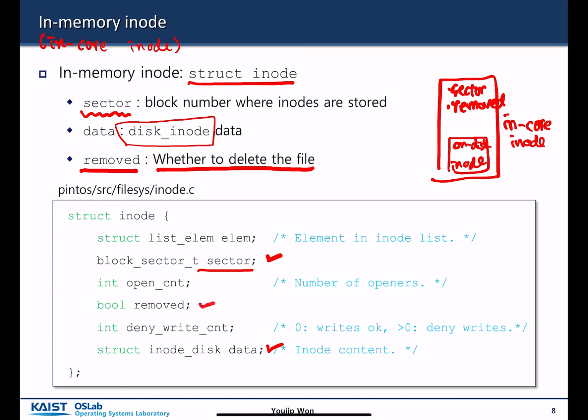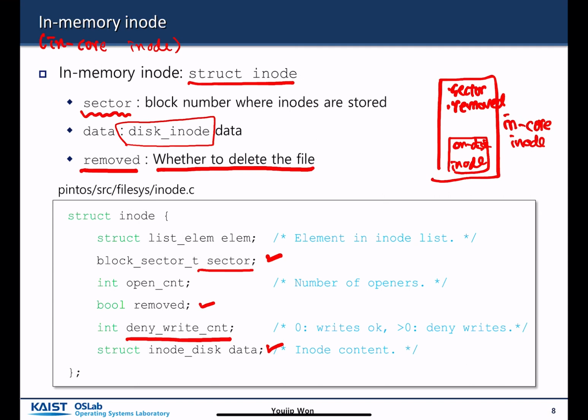And as we covered before, some files are not writable. For example, the executable file or the files that are being loaded to disk shouldn't be modified while the operating system is using them. So the Pintos operating system defines a field in the in-memory inode to denote whether the file can be written or not. It has deny write count. The reason this is a count, not a flag, is that there are multiple processes accessing the file.